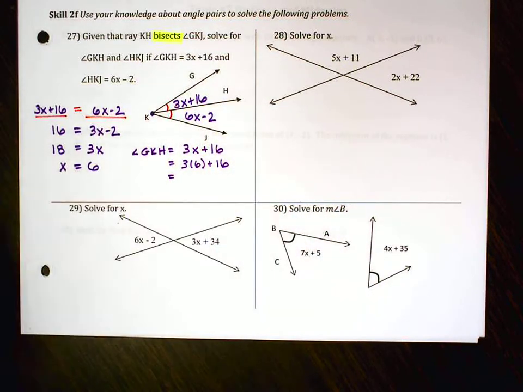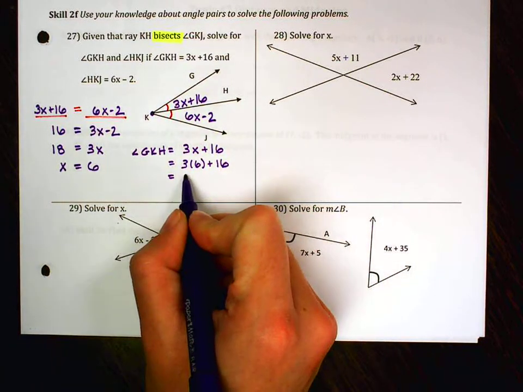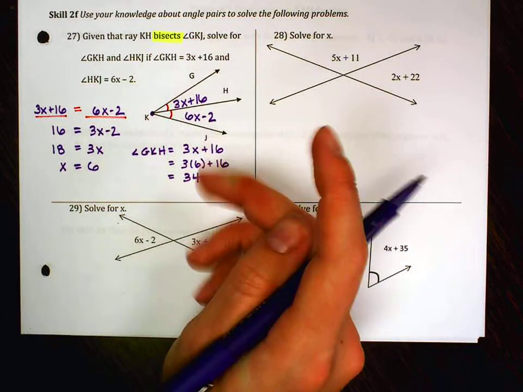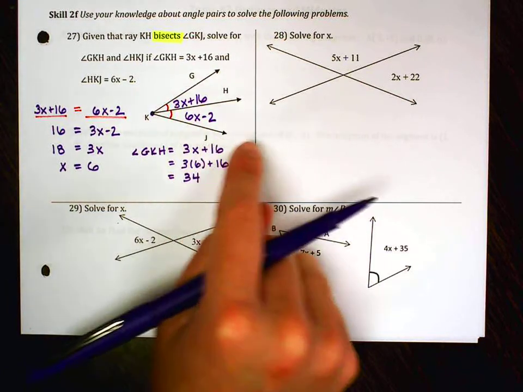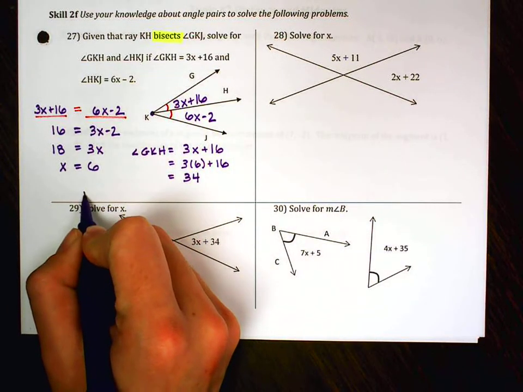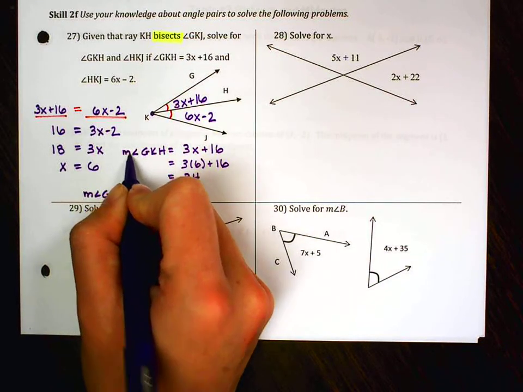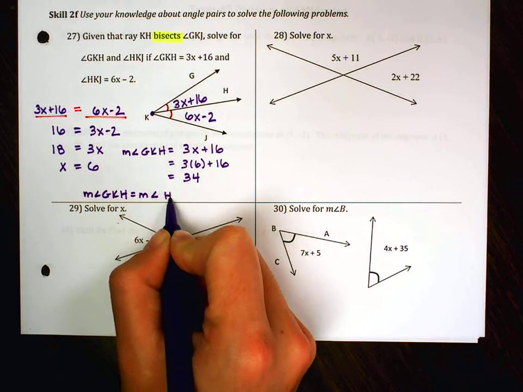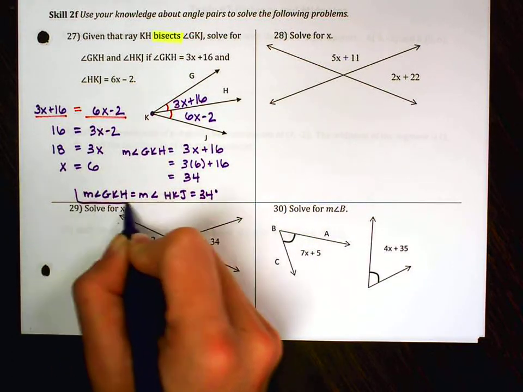It's going to be 18 plus 16, which is 34. Now remember, we know that they're bisected. These have to be the same size, so we could plug it in for this one too. Plug in 6, you get 36 minus 2, which is 34, but we already know they should be the same thing. So I'm going to say the measure of angle GKH is equal to the measure of angle HKJ, which is equal to 34 degrees.